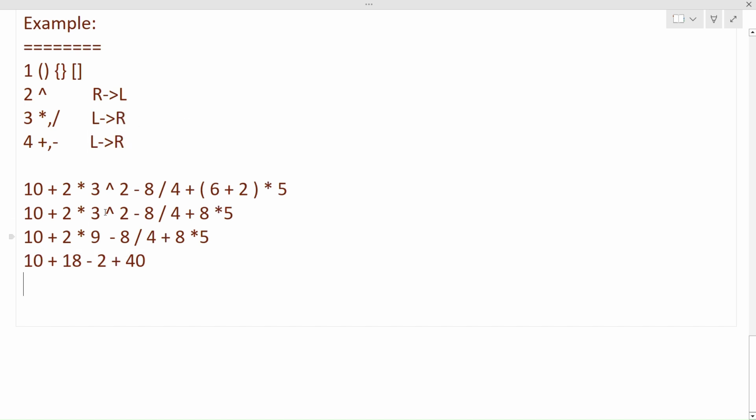That is 10 plus 18, that is 28, minus 2 plus 40, 26 plus 40, we got 66 as the answer. So this is the final result. We evaluated the infix expression and we got the output.